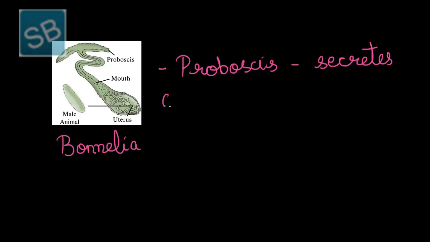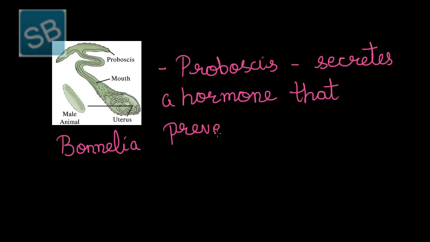Now, whether the individual would develop into male or female depends on the proboscis, because the proboscis is a structure that secretes a hormone that inhibits the development of femaleness, or we can say that prevents the development of femaleness.